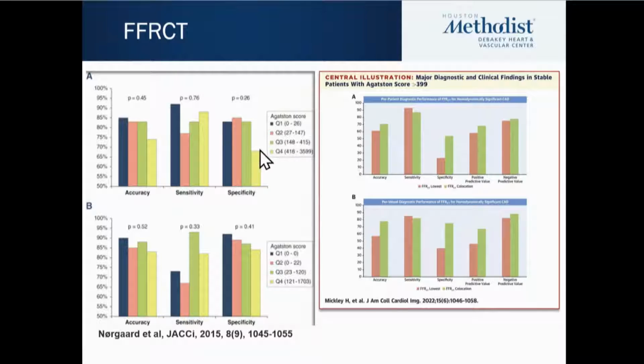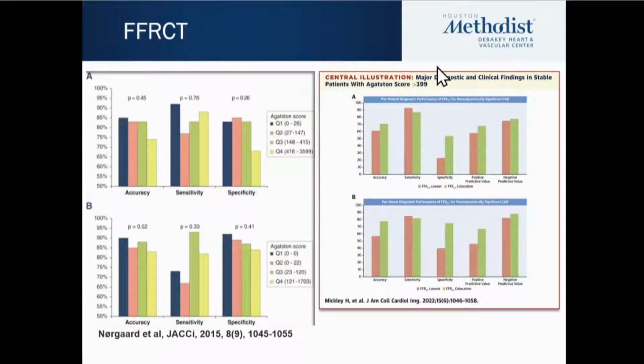And you can see with the highest quartile, the specificity is about 65%. So again, if a test is not very specific, if it's positive, then is it really disease or is it falsely positive? On the other hand, you can see that the sensitivity goes up.